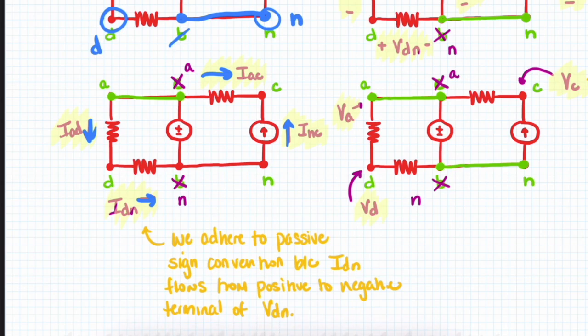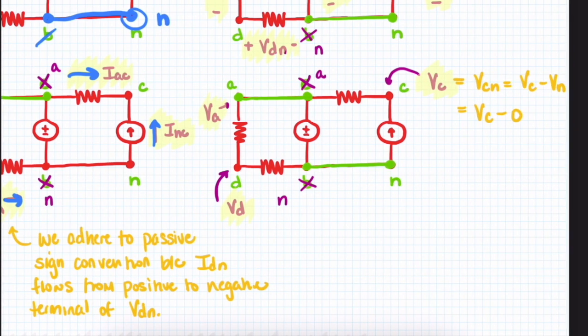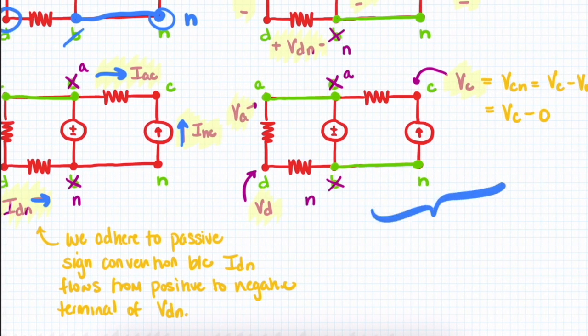Now, let's go from double to single subscript. Essentially all we have to do is refer to a voltage here as VAN, which we can simply call VA. So now we understand the voltage between here and here, and between here and here.